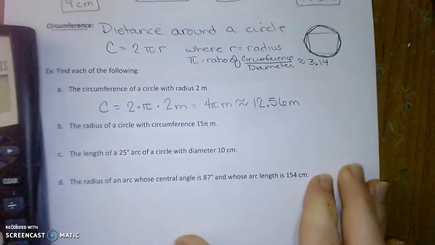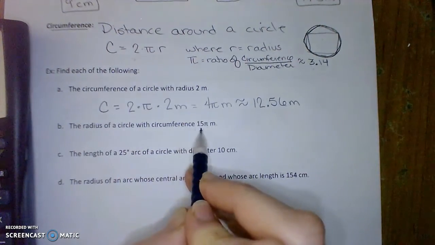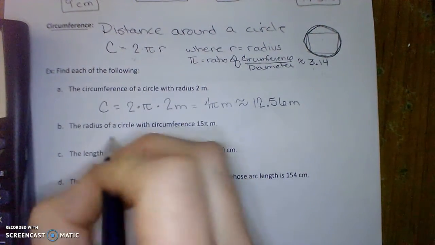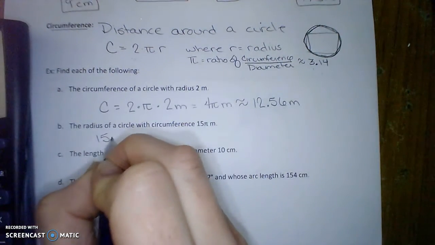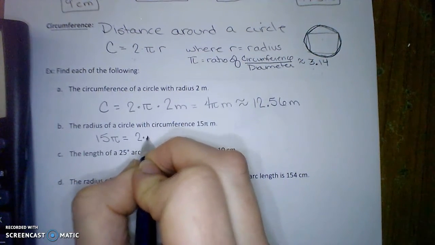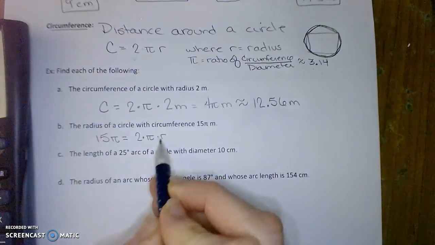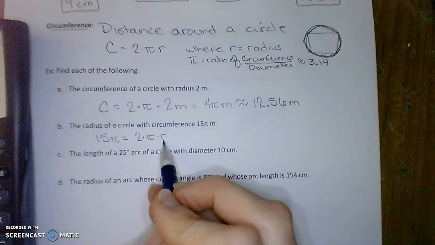All right, let's find the radius of a circle whose circumference is 15 pi meters. So I know that the circumference is 15 pi, and that should be equal to 2 times pi times r, where r is the radius. So I can use that information to solve for the unknown radius.